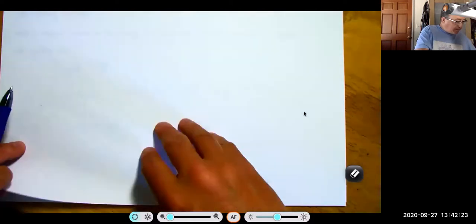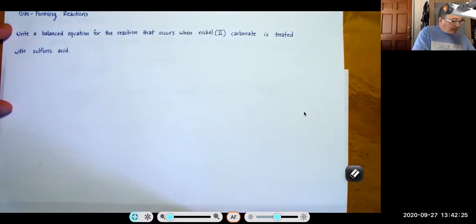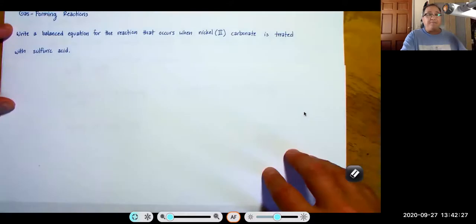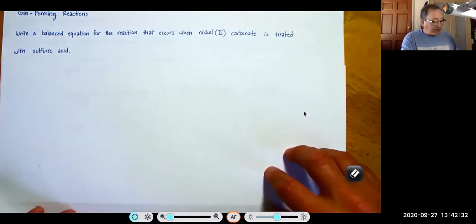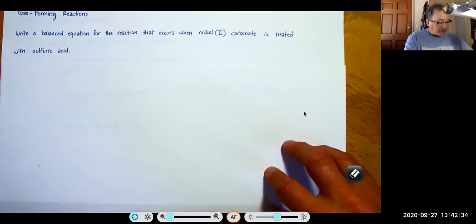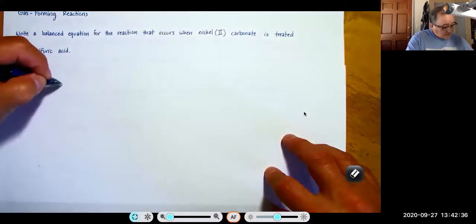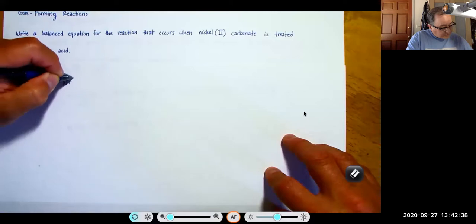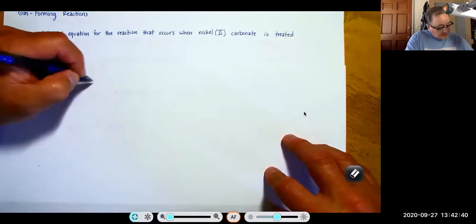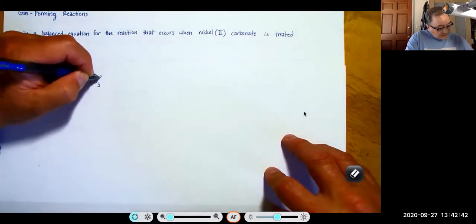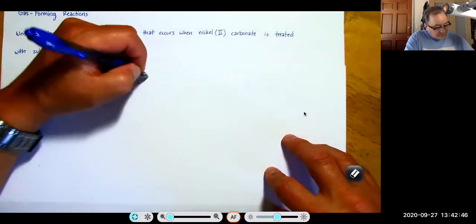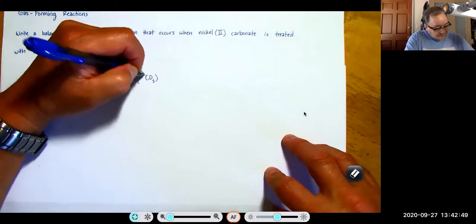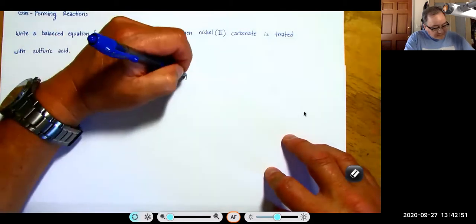So here is a problem that we have. Gas forming reactions. Write a balanced equation for the reaction that occurs when nickel 2 carbonate is treated with sulfuric acid. So for nickel 2 carbonate, we have to know that nickel 2 is 2 plus, carbonate is 2 minus, and therefore nickel 2 carbonate, if we do the switch and simplify, is this.